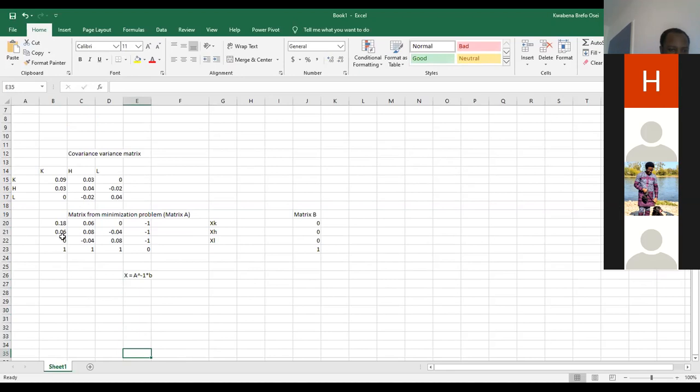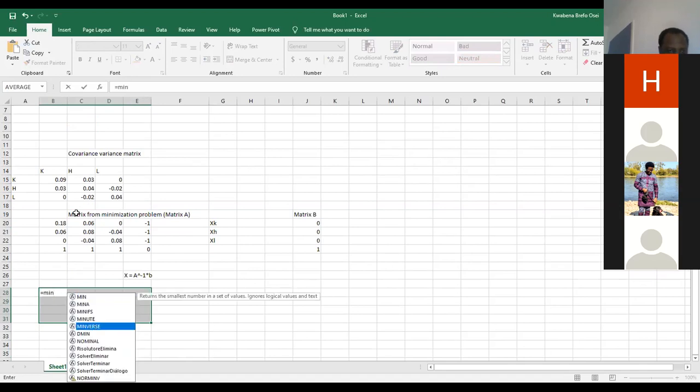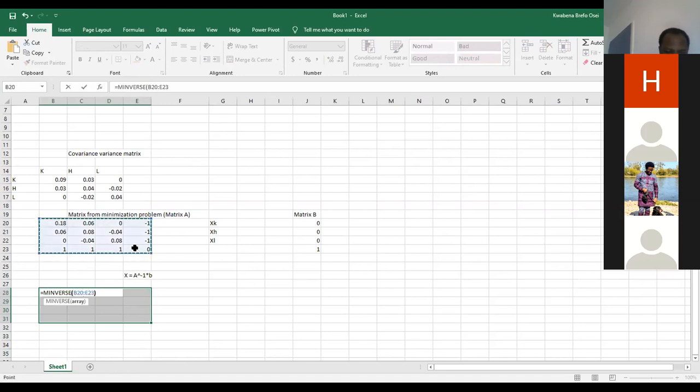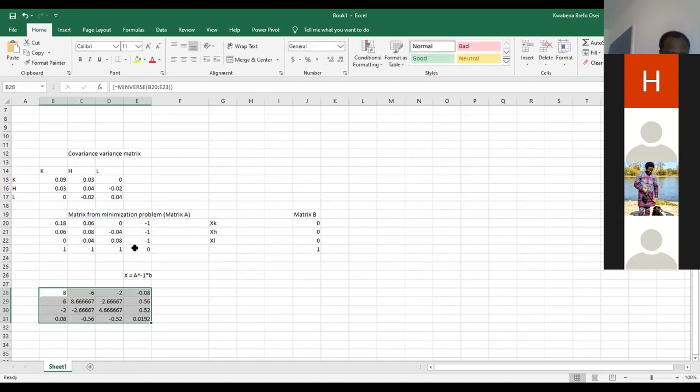So that means I will have 1, 2, 3, 4. So I can just come in and say that 1, 2, 3, 4 is equal to the matrix inverse of this. I'm just hoping that this is correct.